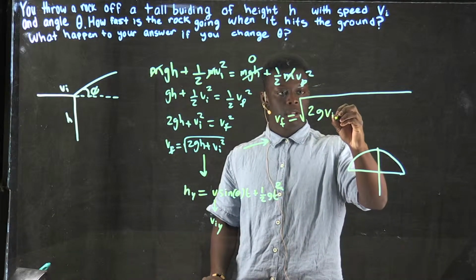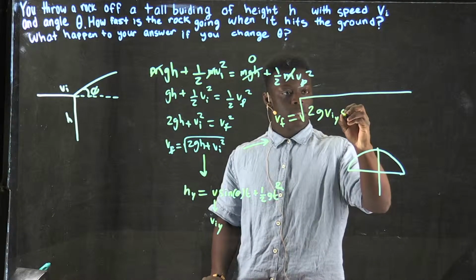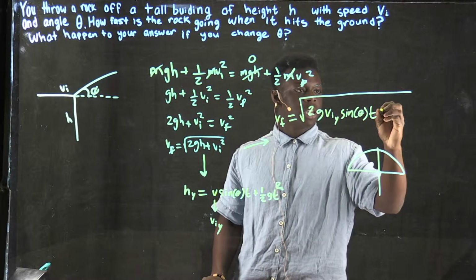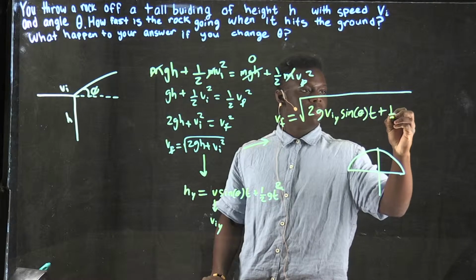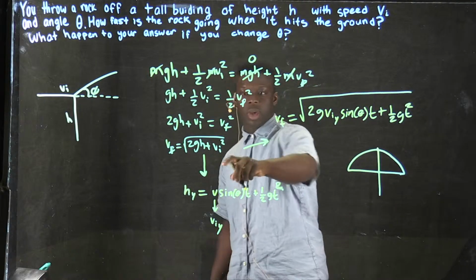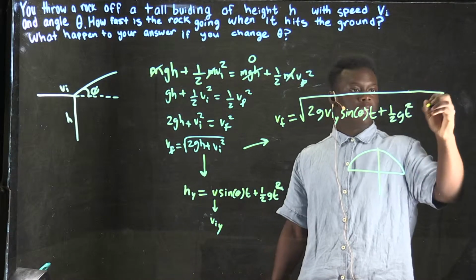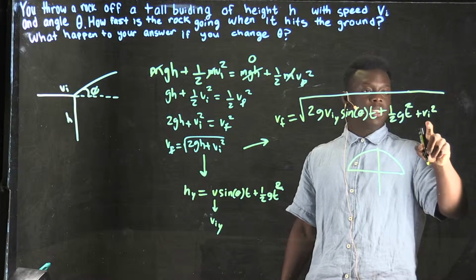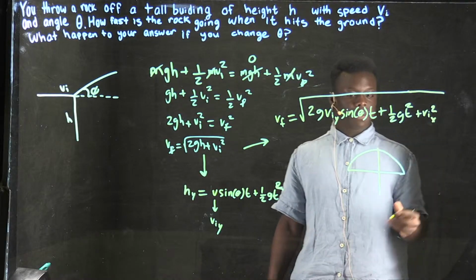VI with respect to that y, sine our angle at which it's thrown, times time plus 1/2 gravity times time squared. And we also have one more, VI plus VI squared. And then this one right here is with respect to x.